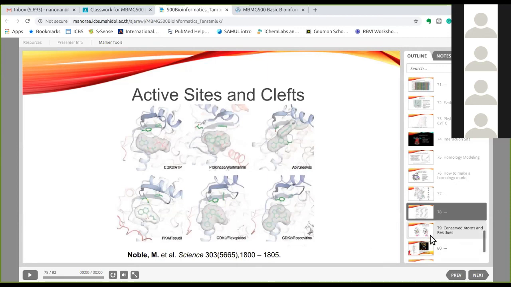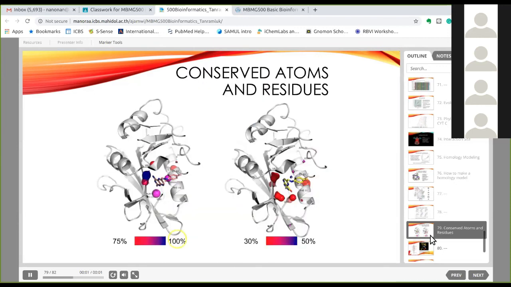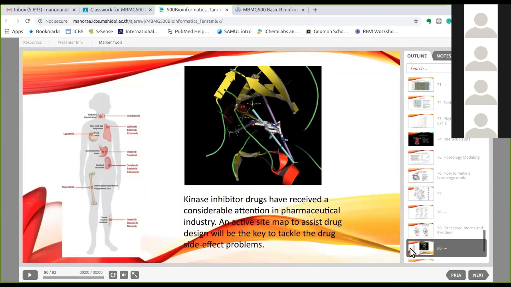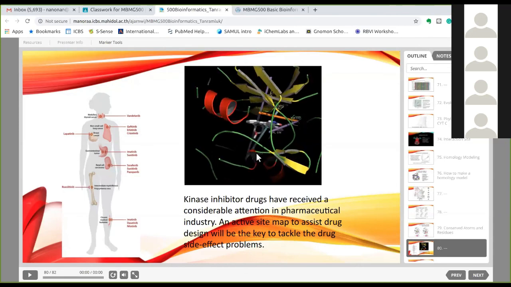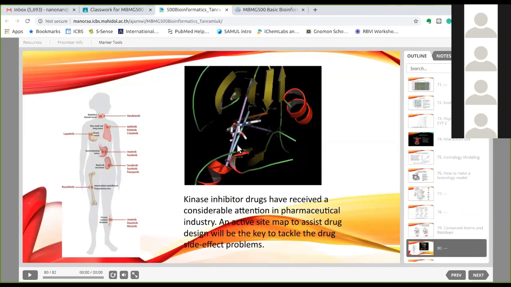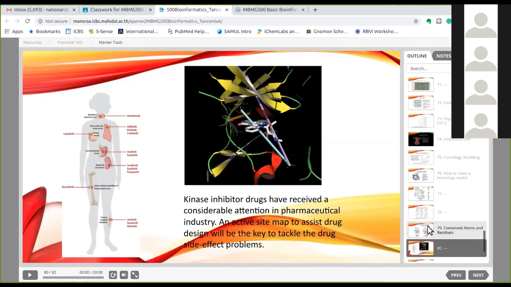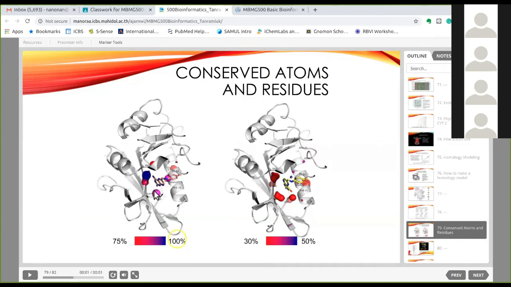So to analyze the pocket, you may be able to find the conserved atoms inside the pockets and know which part should be conserved, which part should be designed in order to fit the drug better. So this is the kinase map that I created. So once you know the conserved part, you know the part that should be kept constant.